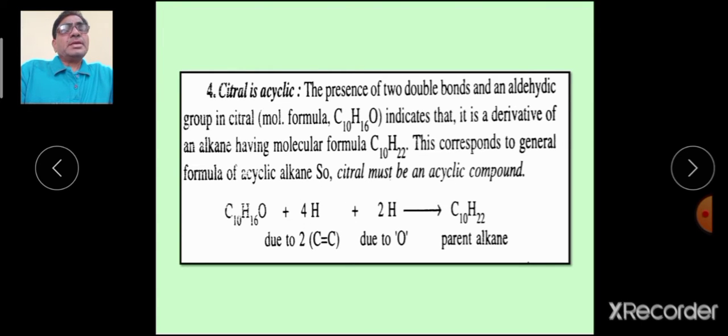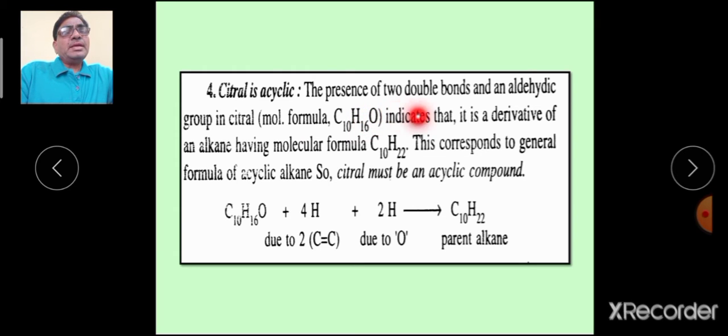Now the next analysis is that citral is acyclic. We have seen in the previous step that citral contains two double bonds and an aldehyde group in the molecular formula C10H16O.